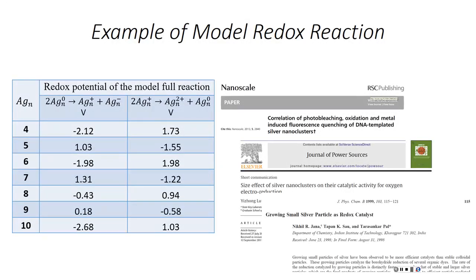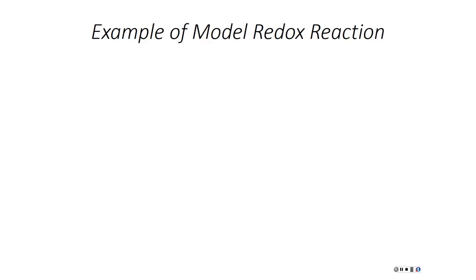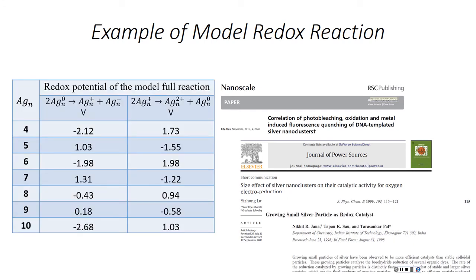This is actually the previous table you saw. There the half reaction potential is not the overall reaction, just the reduction potential of the half reaction, the reduction part. Here I consider the whole redox reaction, the oxidation and reduction parts, and then I sum these two and get the redox potential of the overall reaction. This is the redox potential of the whole reaction, not of a single half.